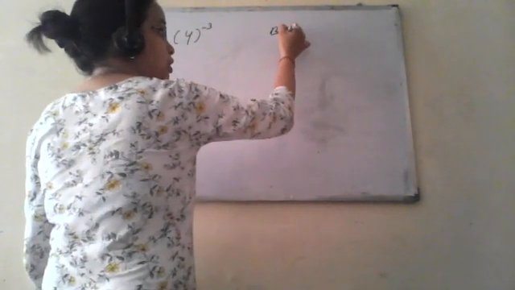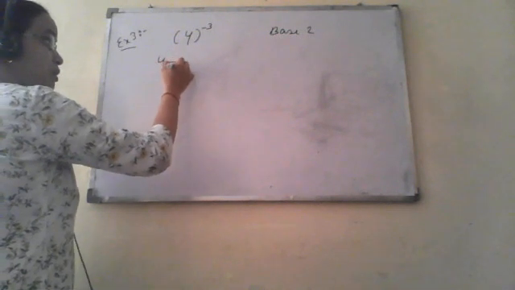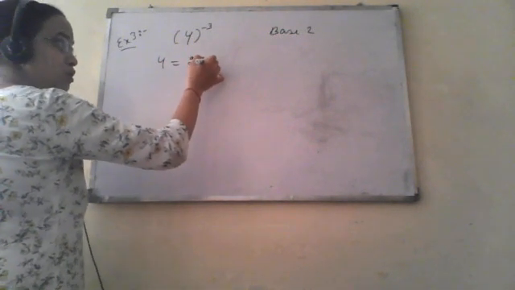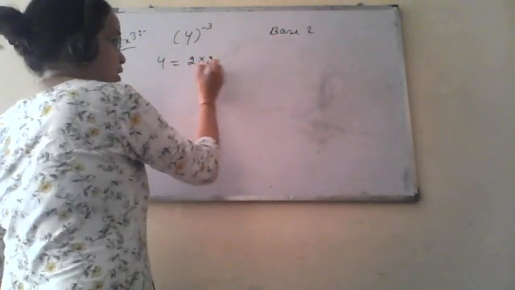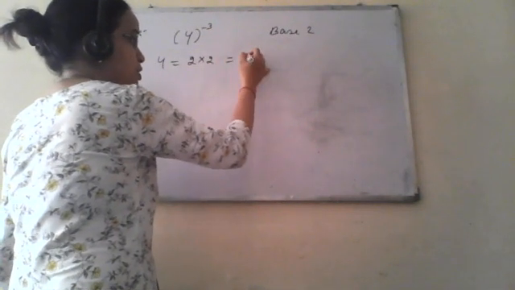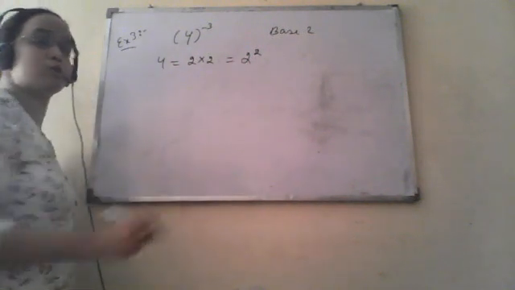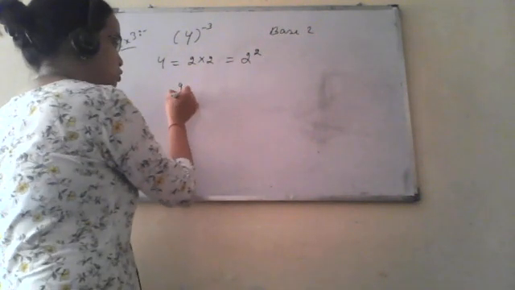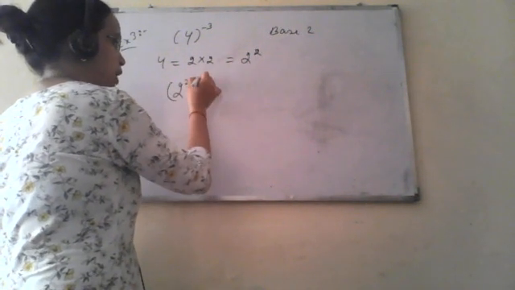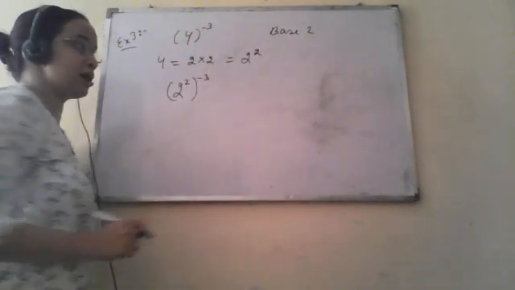We have to convert it into base 2. Now, how can we write 4? It can be written as 2 into 2, that is, 4 can be written as 2 to the power 2. Now in place of 4 we are going to write 2 to the power 2, so it is 2 to the power 2 whole raised to the power minus 3.